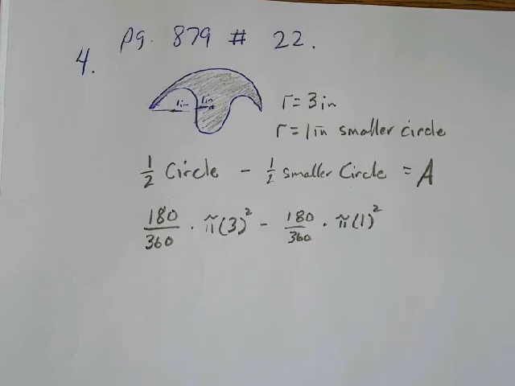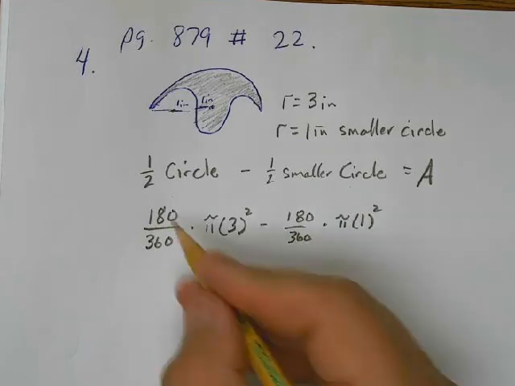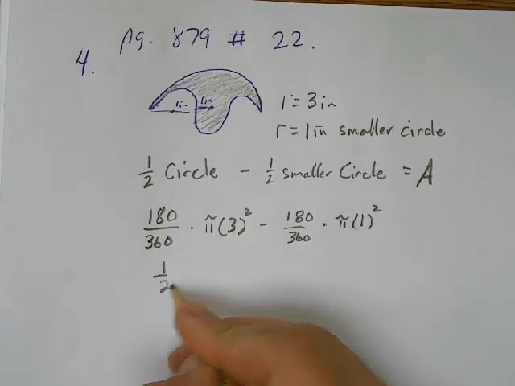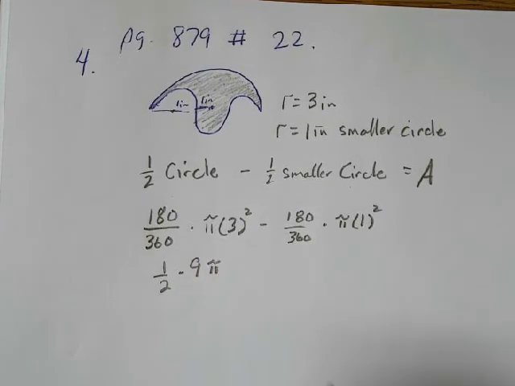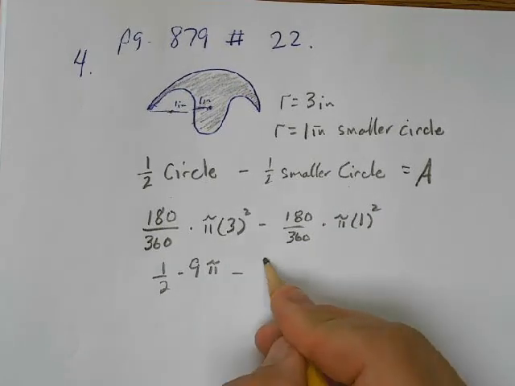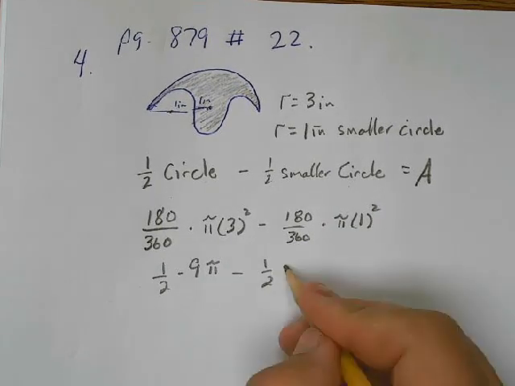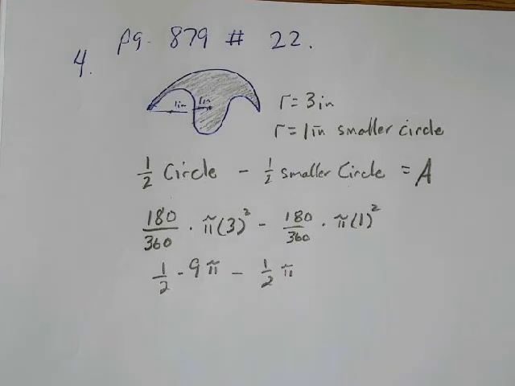Okay. All right, so now let's simplify. So this is 1/2 and this is 9. 3 squared is 9. Minus 1/2. And that's 1. Let's clean that up a little bit.